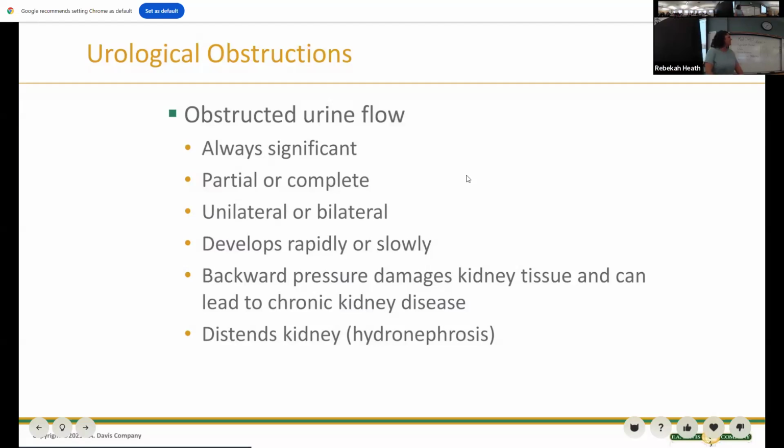And what that means is that the kidneys are kind of big filters. Blood flows through the kidneys and any extra water or fluid gets sent down to the bladder. Extra electrolytes or waste products are all filtered out and sent down. If everything's getting backed up, the kidneys actually get swollen.